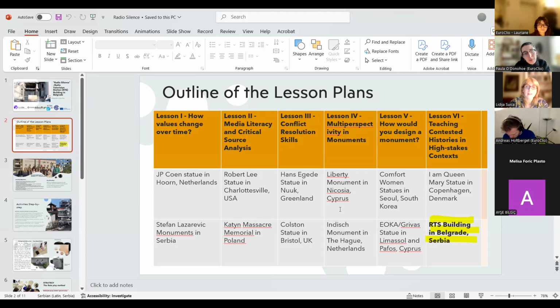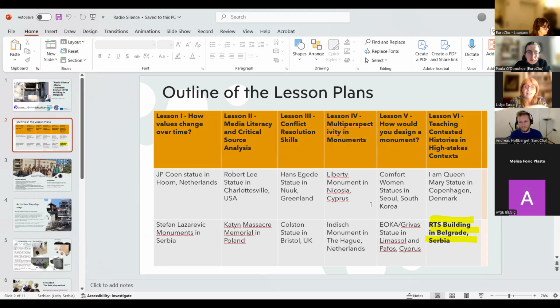The slide presents an overview of the lesson plans that we have developed in collaboration with our consortium partners as part of this educational initiative on contested cultural heritage. Our aim was to provide educators and all the teachers across Europe with resources that help all of us address sensitive and complex historical topics.